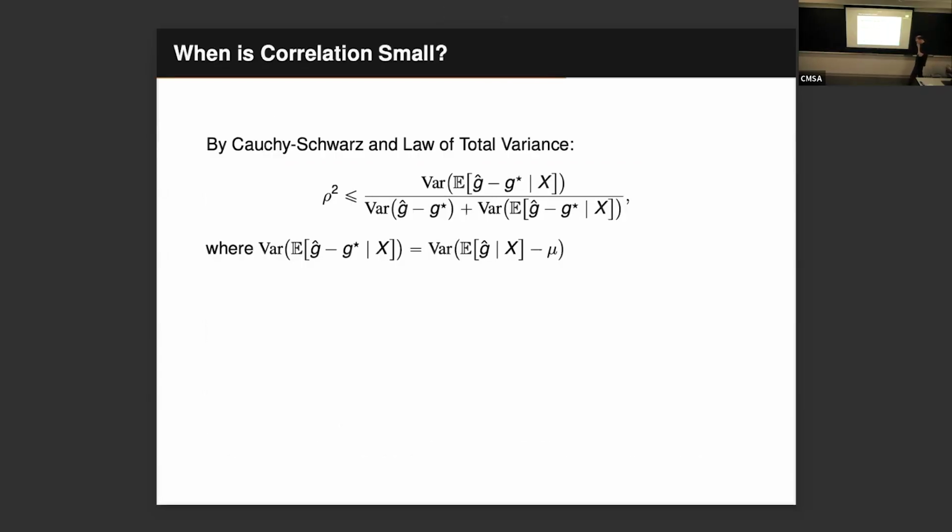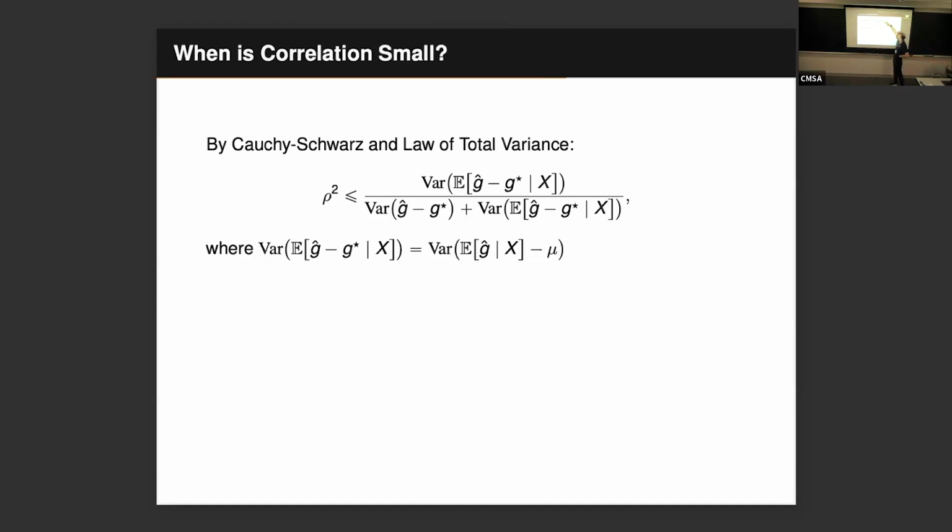So another question that you might ask is, when can we expect this correlation to be small, and is there an interpretable way of thinking about when it actually will be small? You can use the Cauchy-Schwarz inequality on this correlation, as well as the law of total variance, and you can completely remove the dependence, at least in this upper bound, on the deployment model, so on the F hat and F star.